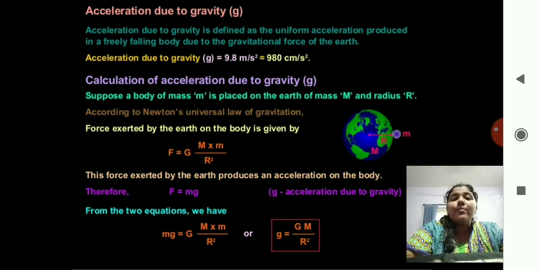Suppose a body of mass small m is placed on the earth of mass capital M and radius capital R. You can see the figure over there. There is an object placed on the surface of the earth that has a mass of small m, and the mass of the earth is taken as capital M. Now according to Newton's universal law of gravitation, we have formed this formula in the previous video, that is force exerted F is equal to G capital M into small m upon capital R square.